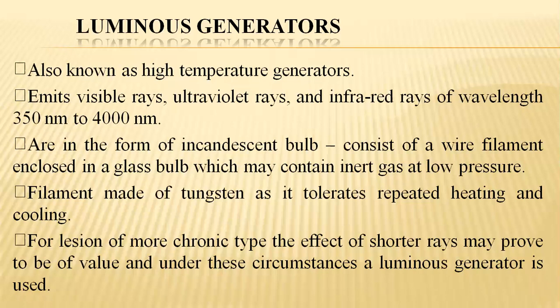Normally we will be saying alloys in our mechanical language, and nominally these will be exercised at low pressure ranges and will be consisting of a filament which is made up of this tungsten, that is having the capacity of withstanding the heat generation and nominally heat cooling factors also.